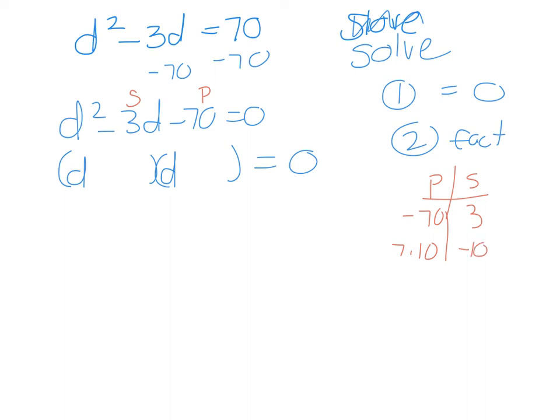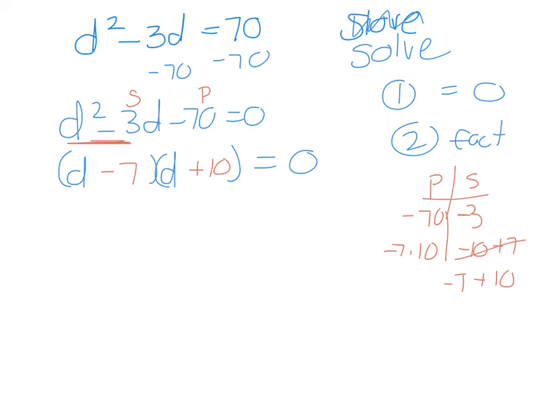So if I did negative 70 plus 7, that would give me a negative 3. If I did negative 7 plus 10, that will give me a 3. I just realized I'd made another mistake, that it has to come out to be negative 3.